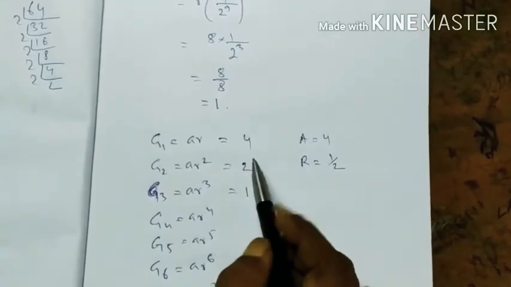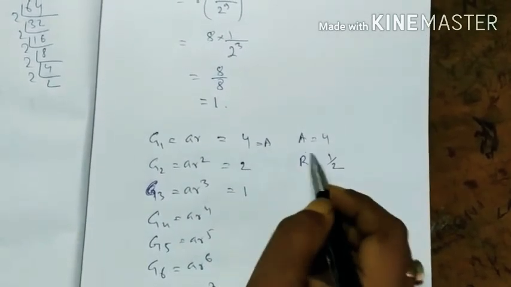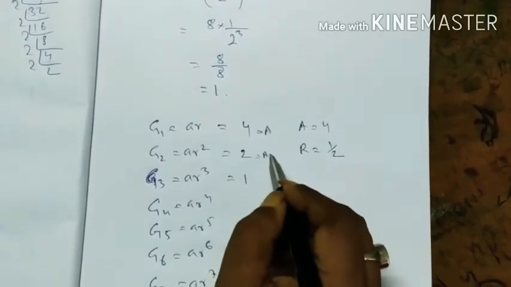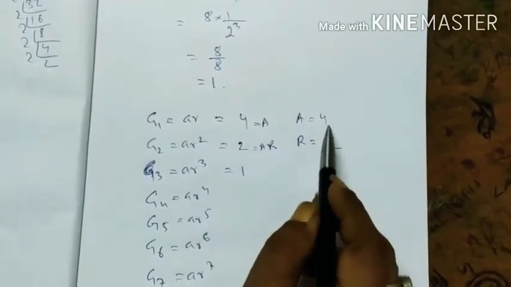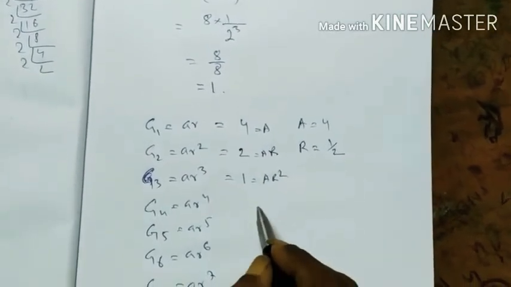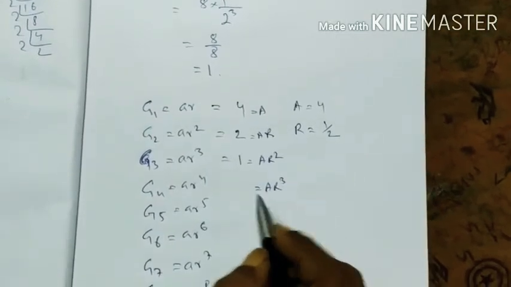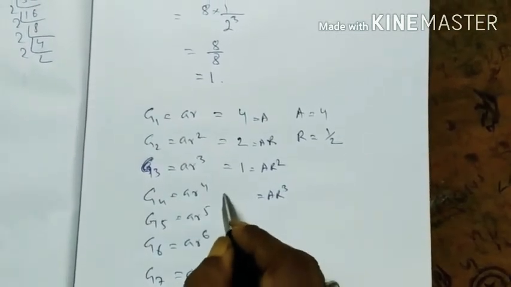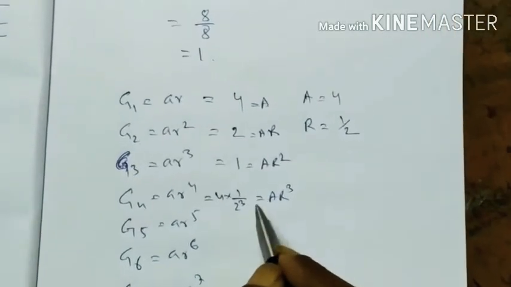So this is AR, which is 2, and this will be AR square, now AR cube. That means this will be 4 into 1 by 2 cube.